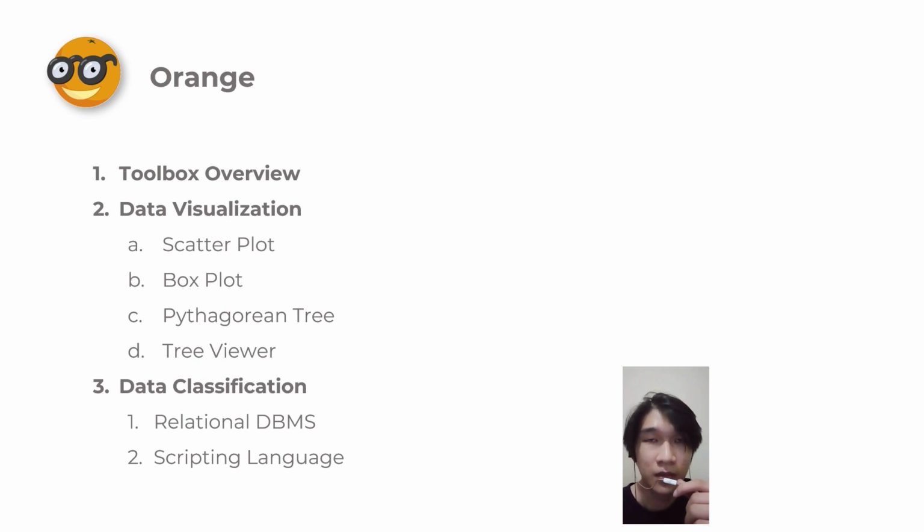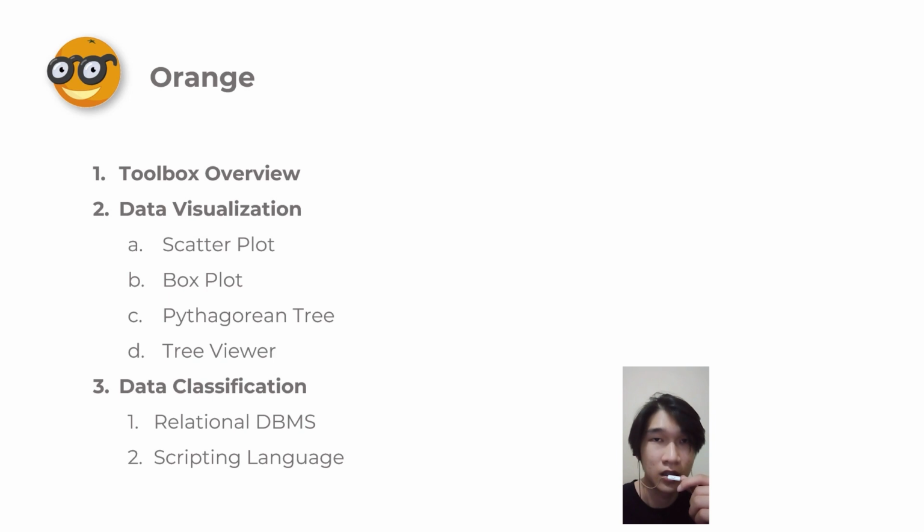Okay, so let me explain about the relational DBMS. It is a data classification that contains data and distributes it into tables that have a relationship with the data being analyzed. A relational DBMS can filter the data and check the data for missing data.